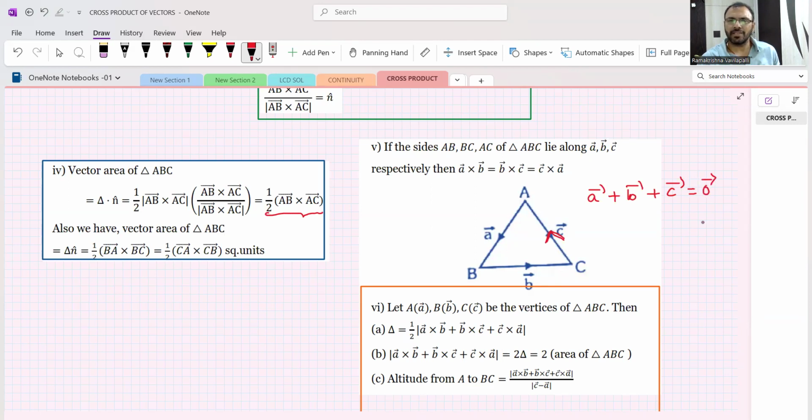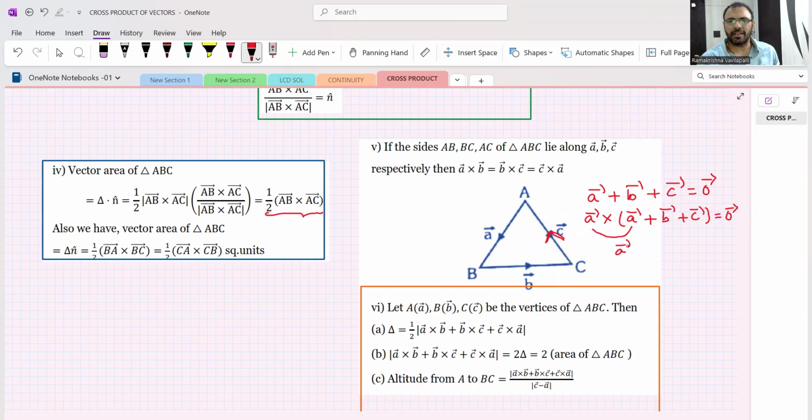If you take cross A bar on both sides, either on the left or right, no issue at all: A bar cross (A bar plus B bar plus C bar) is equal to 0 bar on the right side, since 0 bar cross any vector is 0 bar. Now A bar cross A bar is 0 bar.